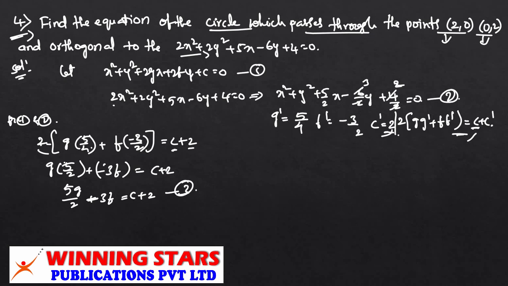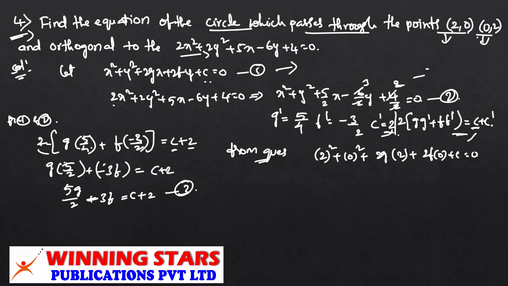So the third equation. From the question, what is given is that this circle passes through (2, 0) and (-2, 0). So first we take the first equation; it goes through (2, 0). Substituting, it becomes 2 square plus 0 square plus 2g into 2 plus 2f into 0 plus c is equal to 0.